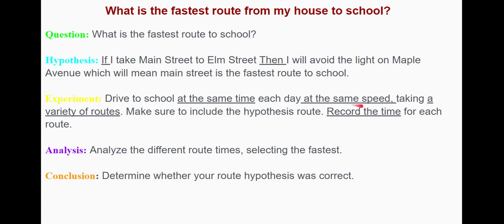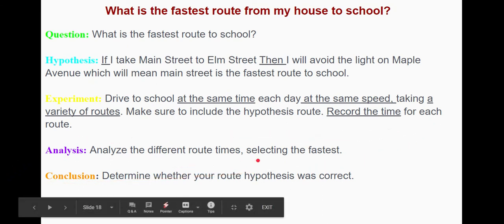So I need to be going at the same speed, leaving at the same time, taking all different types of routes, and timing myself each time I go. That way my experiment is valid. Otherwise, some other scientist could come by and say, hey, you did this experiment wrong. You need to make sure all of the different factors are constant.